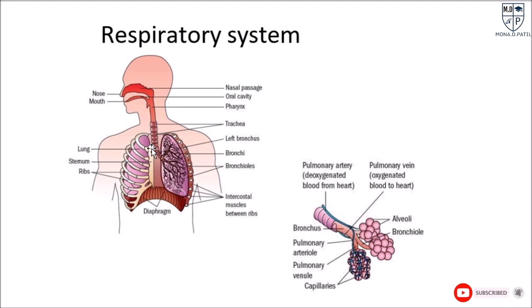Lungs are elastic like a sponge. Lungs are made up of many small compartments called alveoli. A rich network of capillaries is present around each alveolus. Here you can see the blue and red colored thread-like parts. These are the network of small capillaries.